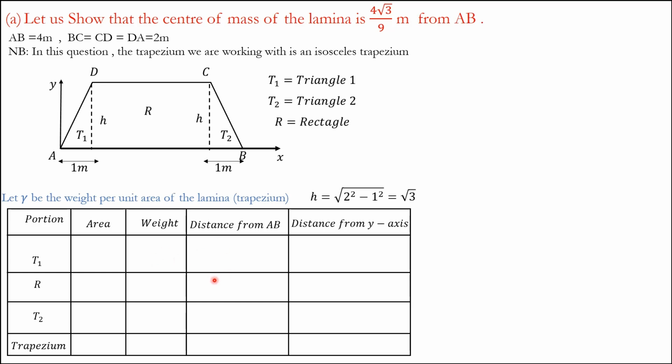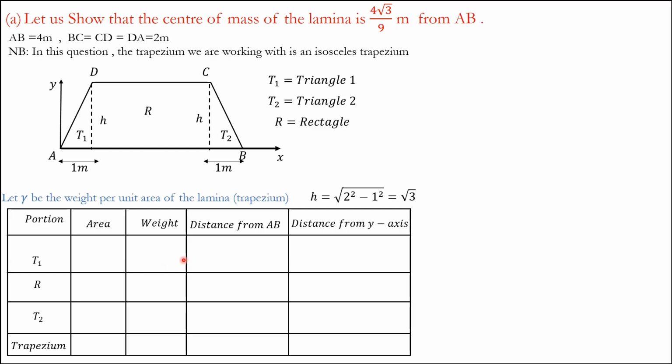Why? Because from this table you can easily get the calculations without making any mistakes. If you have the weight and the distance from AB of each of the portions, we can obviously get the weight of the trapezium by simply summing up the weights of these individual portions. And when you take moments, you are going to clearly see what multiplies what, that is, the corresponding force times the distance.